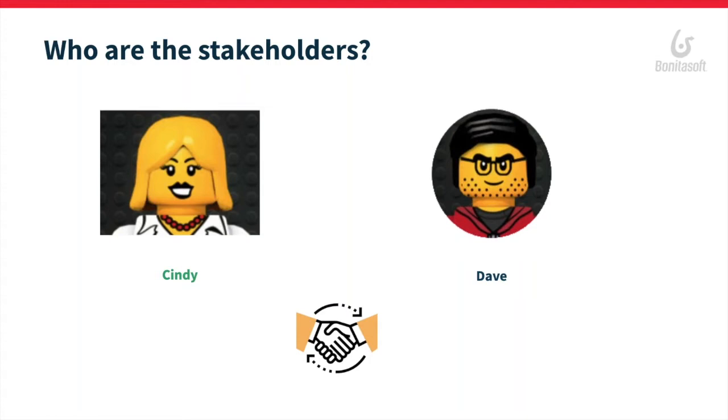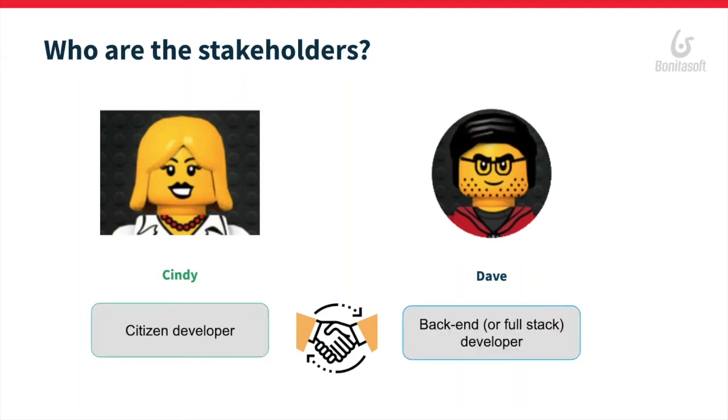And among all those personas, we chose to focus on two of them. So the first one is Dave, our backend or full stack developer, and that's a common one.